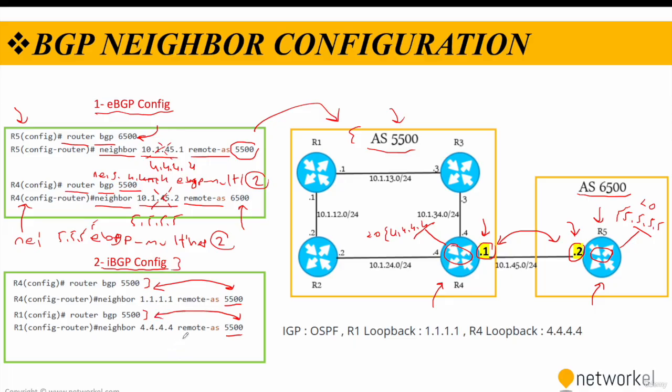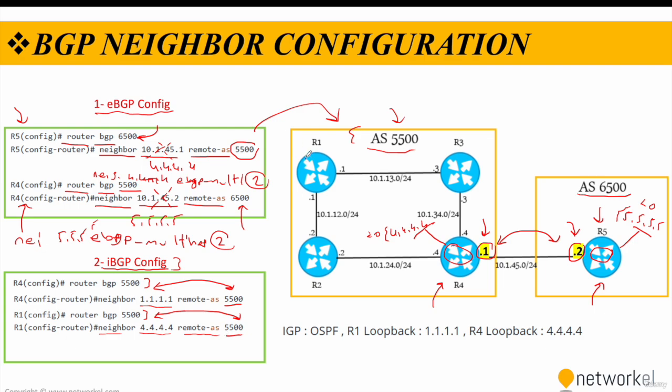Please pay attention that router 1 and router 4 are not directly connected in this case. So again I'm typing the neighbor keyword followed by 1111 and remote AS 55,000, and neighbor 4444 followed by remote AS 55,000.